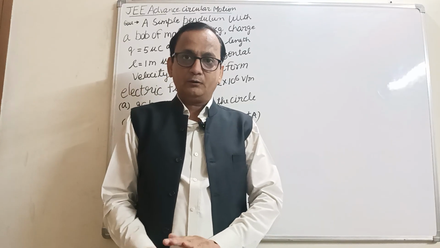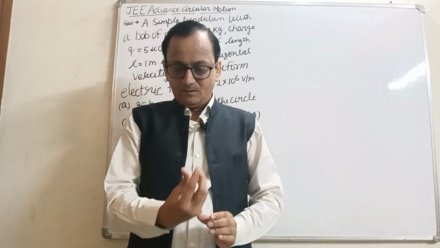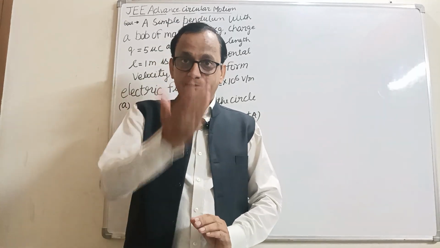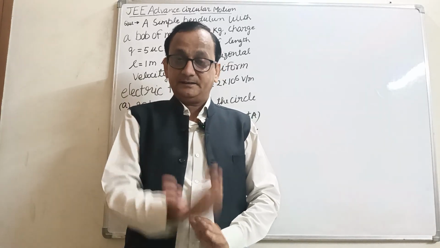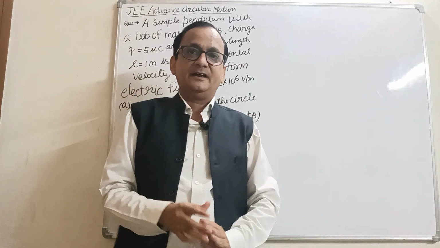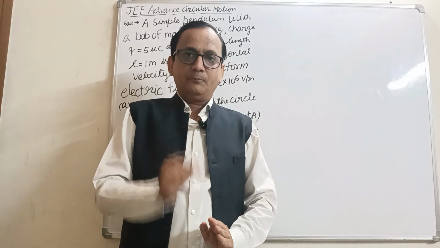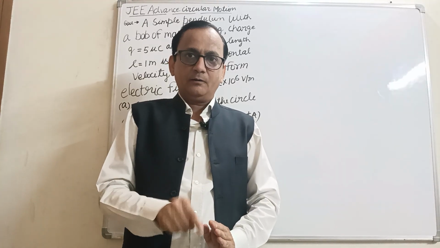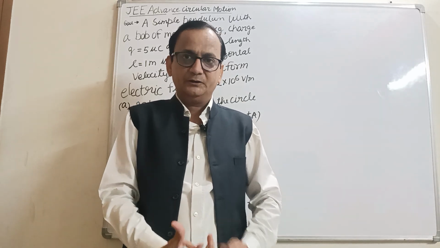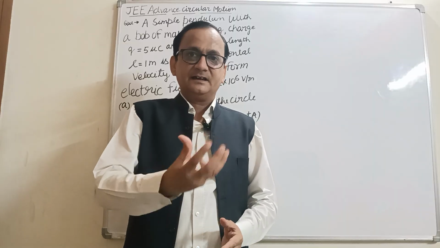At the bottom of the circle, gravity acts downward, and the tension in the string is different in different scenarios. When the bob is at the bottom, the tension is maximum, 6 mg.